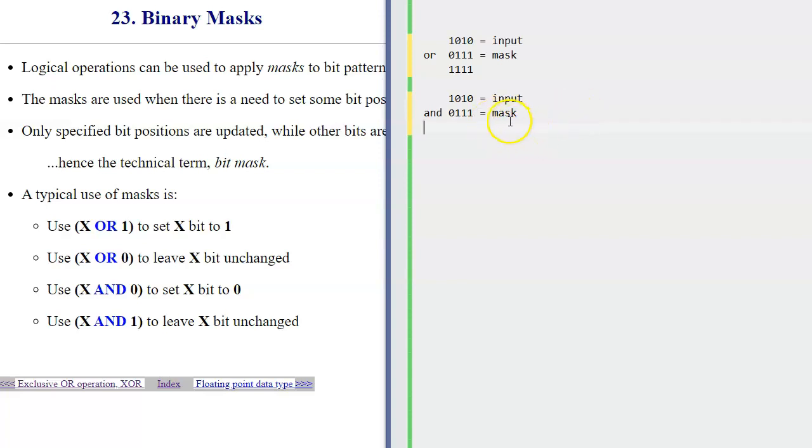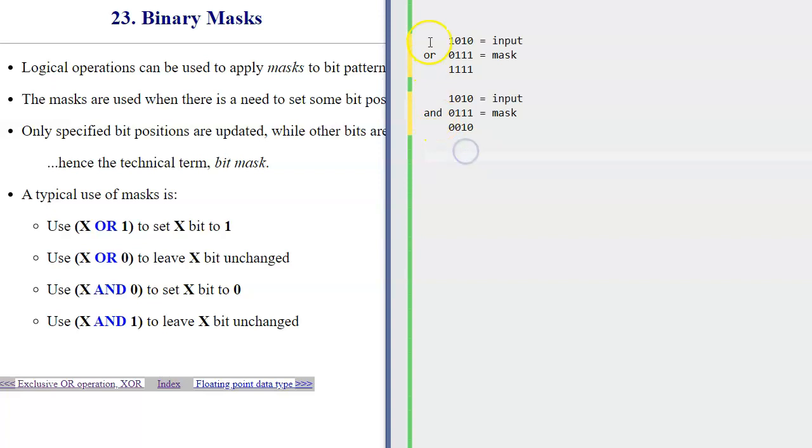If you recall, the AND operation yields 1 only when both inputs are 1, and I can see that right here I have two 1s, and therefore this bit will be set to 1 as a result of applying this specific mask to my input, and all other bits will be set to 0, because I get 1 only when both inputs are 1.